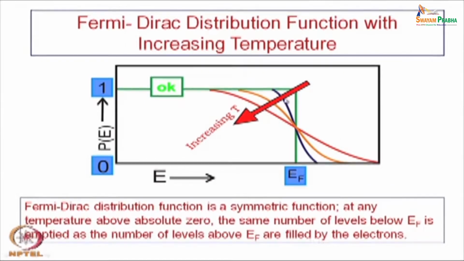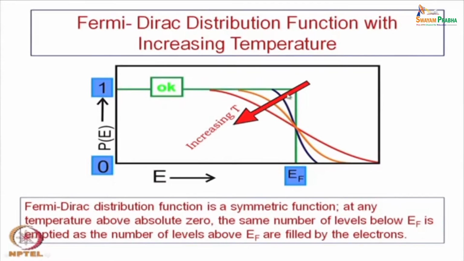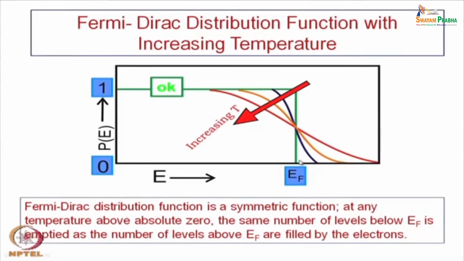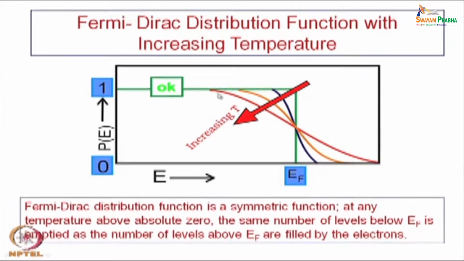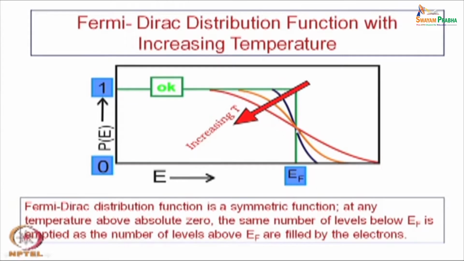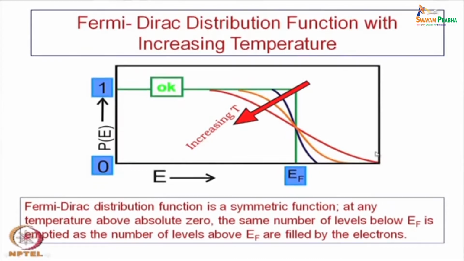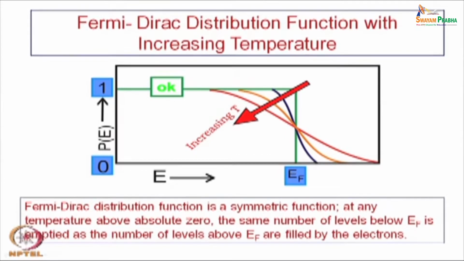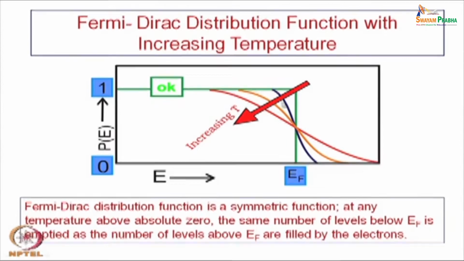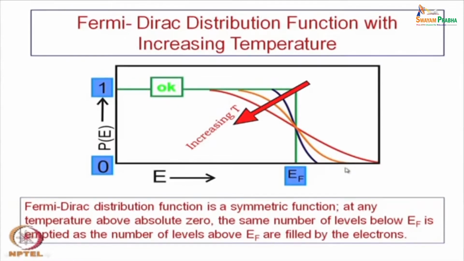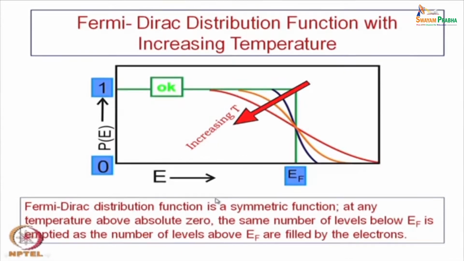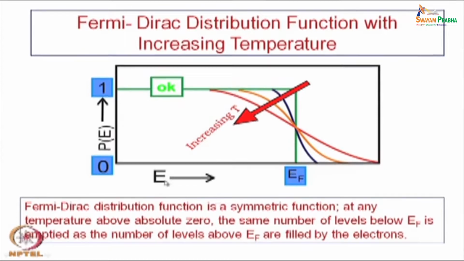That is what I explained, that the area enclosed by these curves is the same on this side as on this side, irrespective of the temperature. Whatever may be the temperature, this area and this area must be the same, which means the same number of electrons will be on both sides. Whatever is emptied here will be filled up here. So that is a very important aspect of Fermi-Dirac statistics or the Fermi-Dirac distribution function, which can be applied for the Fermi energy.